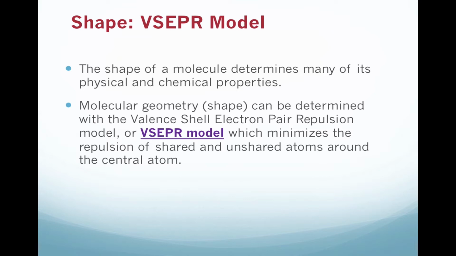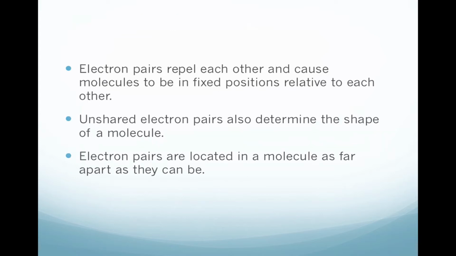The electron pairs around a central atom typically want to arrange themselves in space so that they minimize repulsion. Please remember, electrons are negatively charged, and if they get too close to each other, they push away from each other. The other interesting thing is that unshared electrons, non-bonding pairs, have an effect on the shape of the molecule.